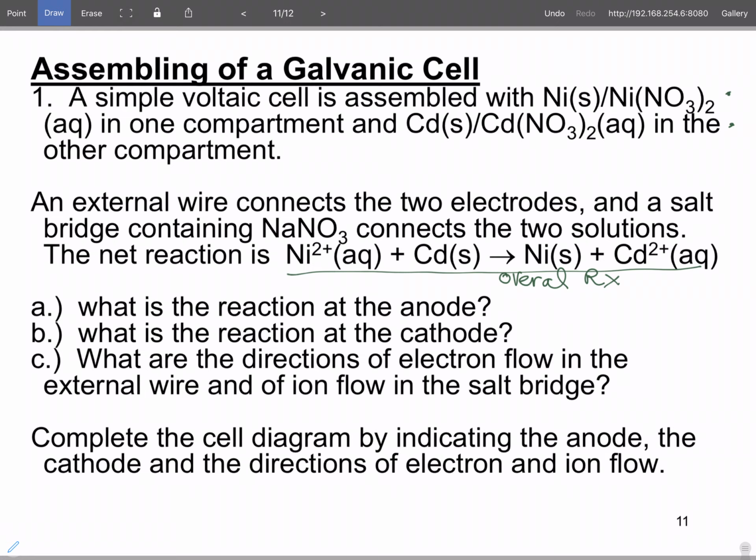So the question is what reaction is at the anode, what's at the cathode, etc. Well, nickel's going from 2 plus to 0, and cadmium's going from 0 to 2 plus. So this is a gain of electrons, so this is reduced, which means cadmium is oxidized. Okay, now we've got all that stuff, and basically what it's saying, complete the cell diagram by indicating everything.